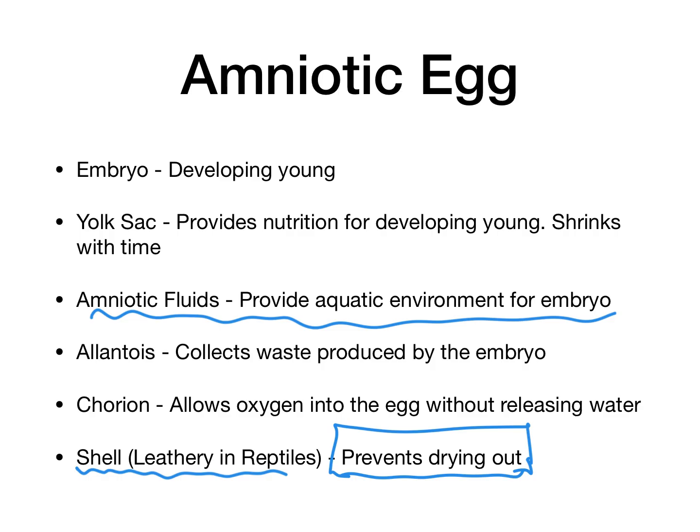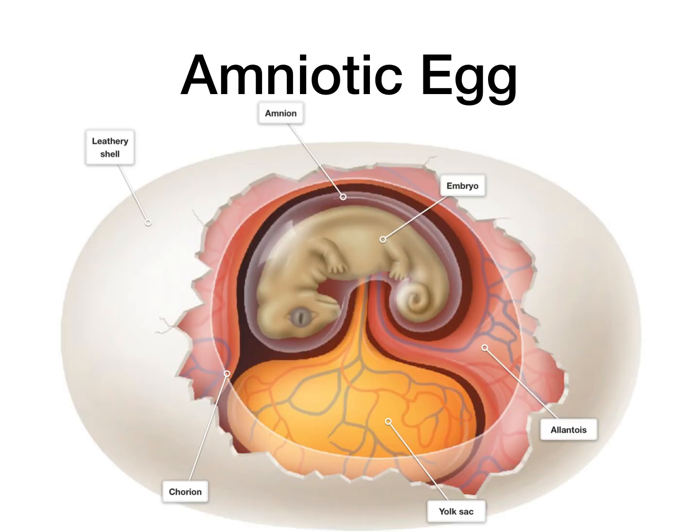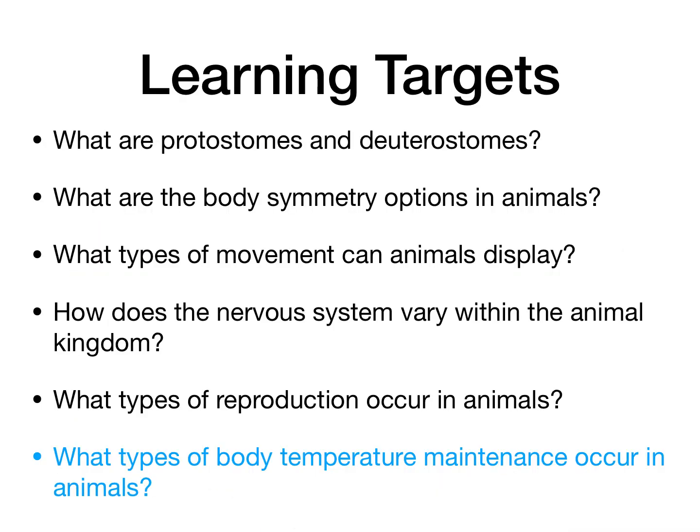This advancement first occurs in reptiles, and then we see the amniotic egg in birds. And humans don't have an amniotic egg, but there's an amniotic sac within mammals as well. So the amniotic egg is a key advancement in animals.